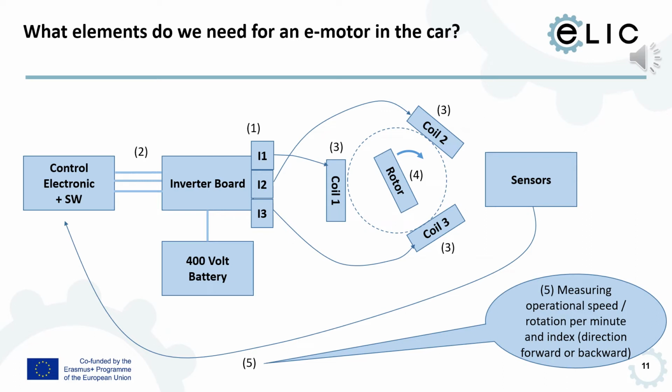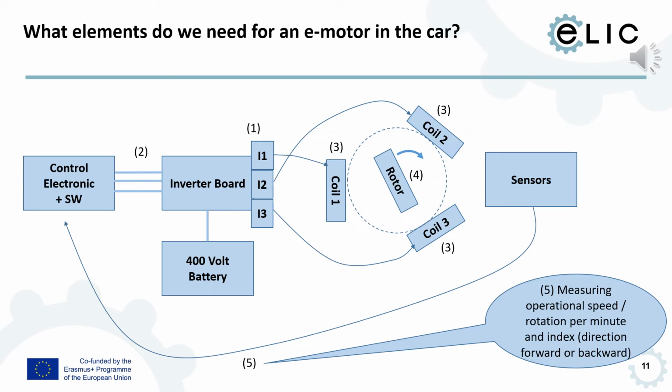So usually we have sensors, for instance, rotor position sensors. In this field they are only called sensors in general, and these sensors are measured back to the control unit and software, and the software can then control again the actuation of I1, I2, and I3.